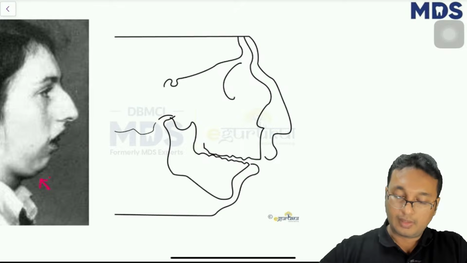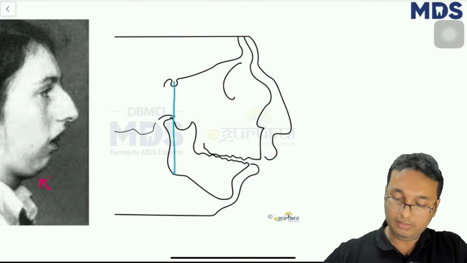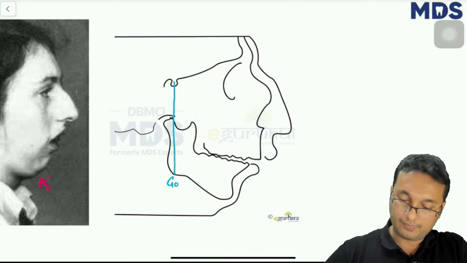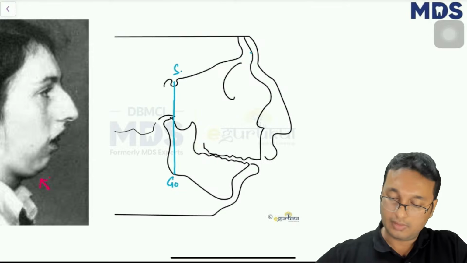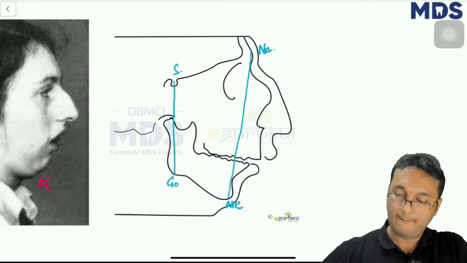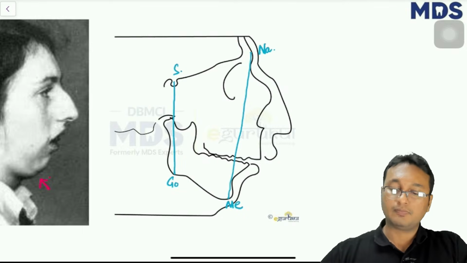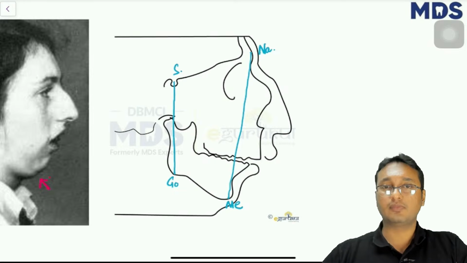Now, the posterior facial height is measured from sella to gonion, and the anterior facial height is measured from nasion to menton. Right. Now the anterior facial height is increased. Why?